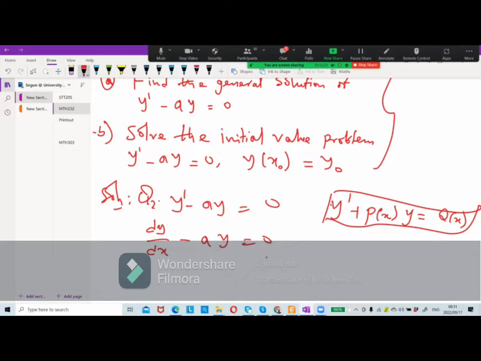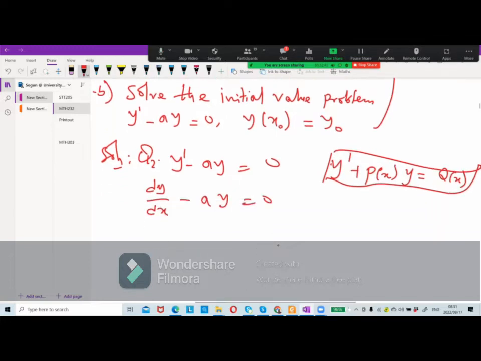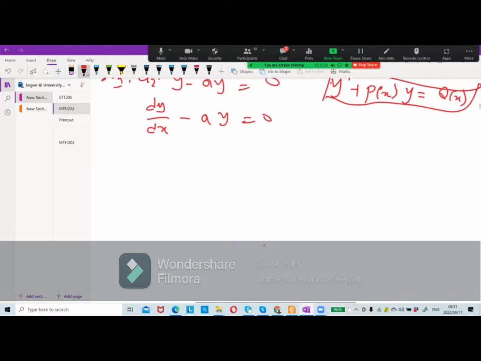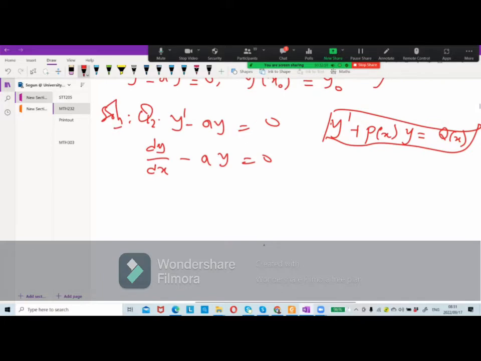So I need something similar to this, but in this case, it's quite different. So first of all, you need what we call separable variable. How do I separate them? My a in this case is a constant.